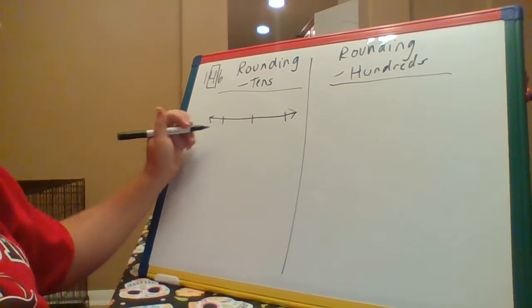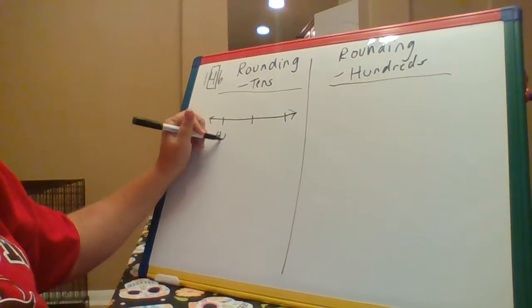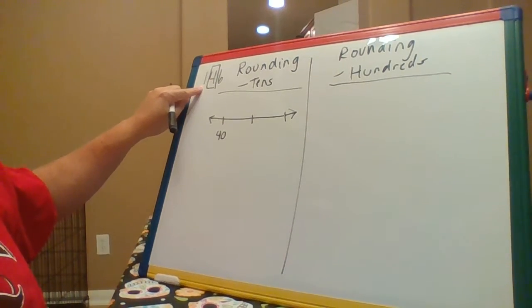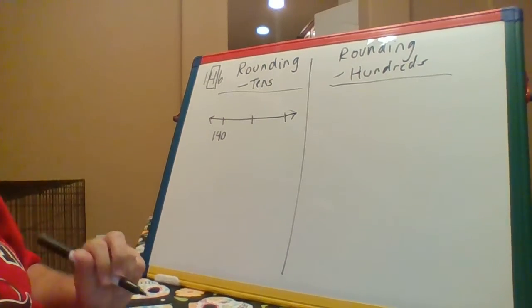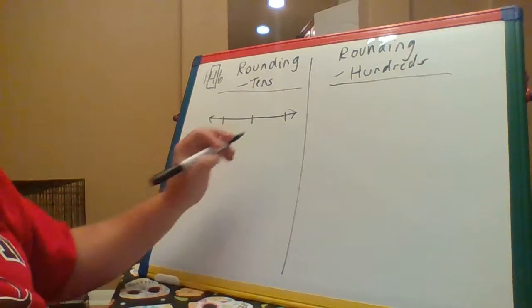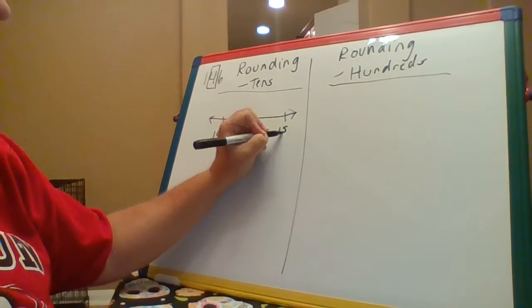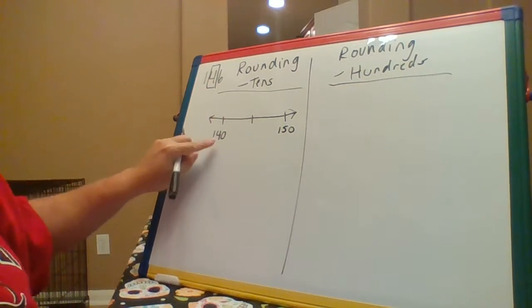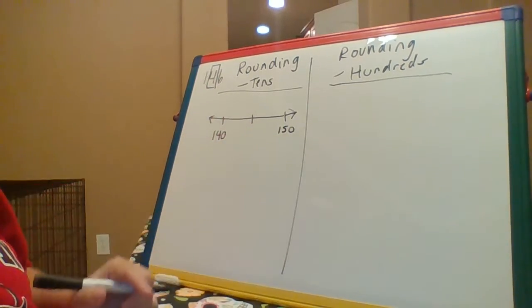Well, we just learned that it's not just a 4, it actually has a value of 40. And we're not just in the 40s, we're in the 140s, so 140. When I go to the next 10, I would be at 150. So 146 is going to be somewhere between 140 and 150.